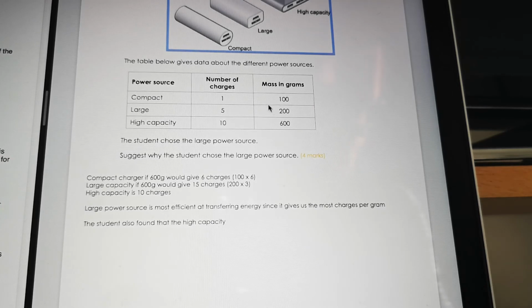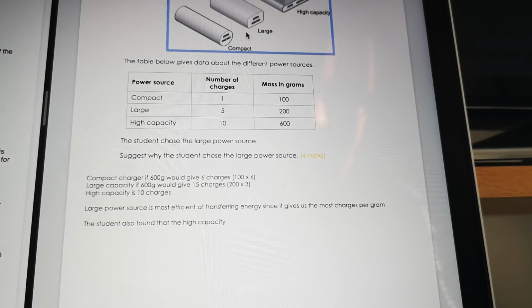So using ratios, let's make them all 600. So if we get from 100 to 600, times that by 6. So you'll need to times the number of charges by 6. So if the compact charger weighed 600 grams, it would give off 6 charges.